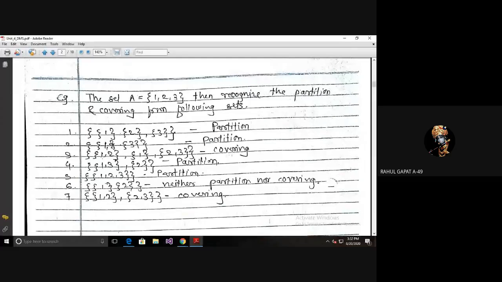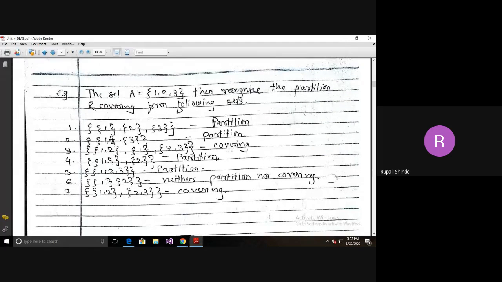It covers all the elements of the set, and 2 is common in this. Yes, it is containing all the elements of the original set, and element 1 as well as 2 is common between some subsets. That's why this is not a partition but it is a covering. Fourth one, yes, it is a partition.